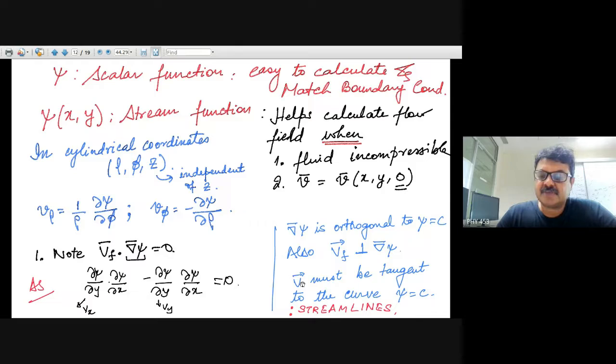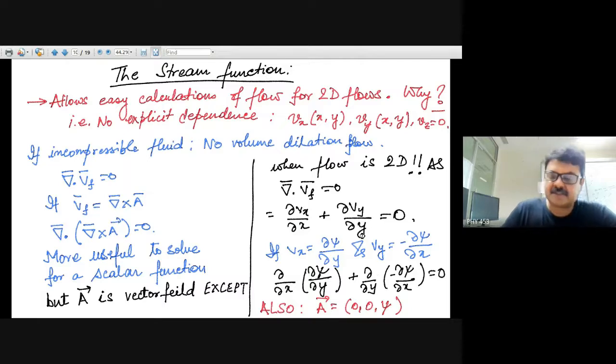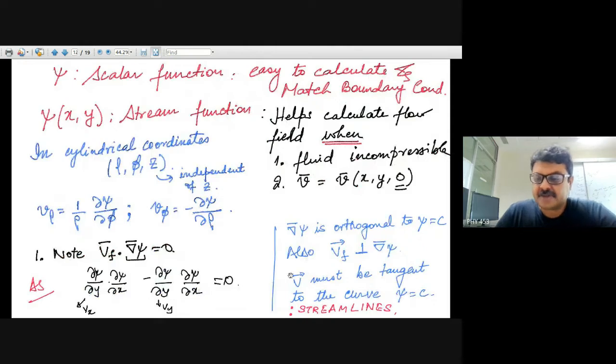That means basically that the velocity field, this v vector, must be tangent to the curve psi equal to c, right? Because along the curve, psi is the same, and perpendicular to that is grad psi, the maximum rate of change of psi.